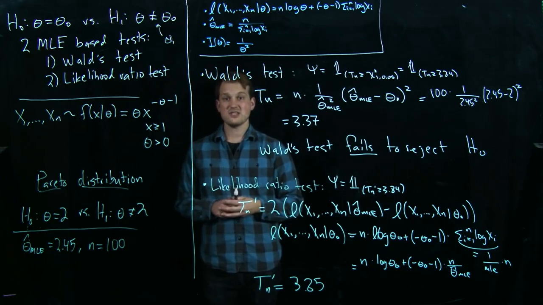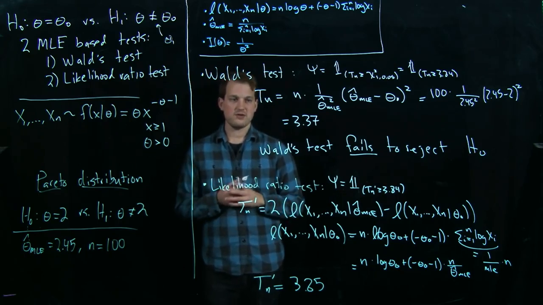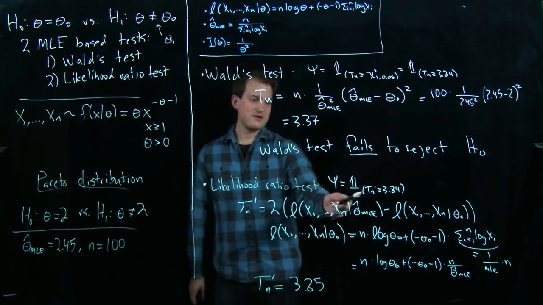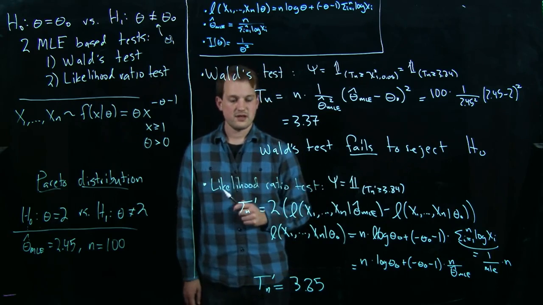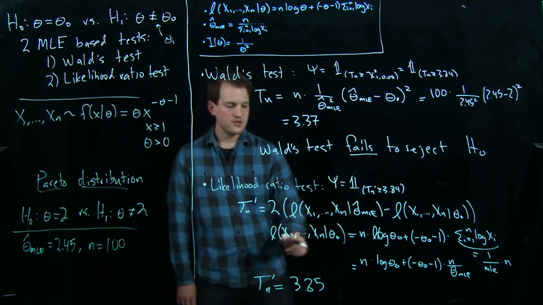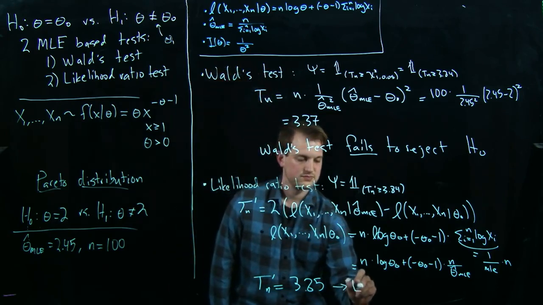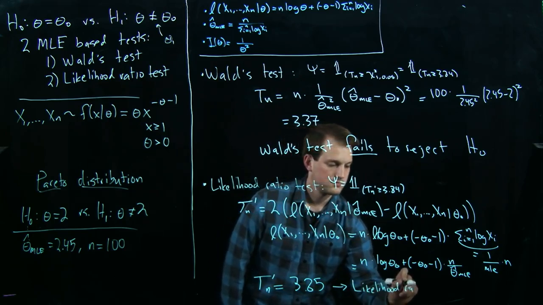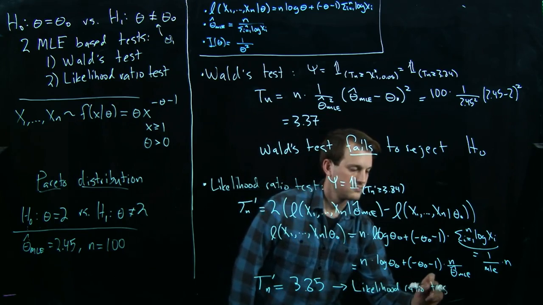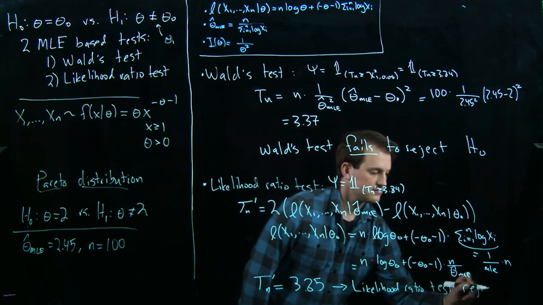Now, does the likelihood ratio test accept or reject the null hypothesis at the significance level of 0.05? Again, we have to look at whether Tn prime is greater than or equal to 3.84. We see that it is. So the likelihood ratio test rejects H0.